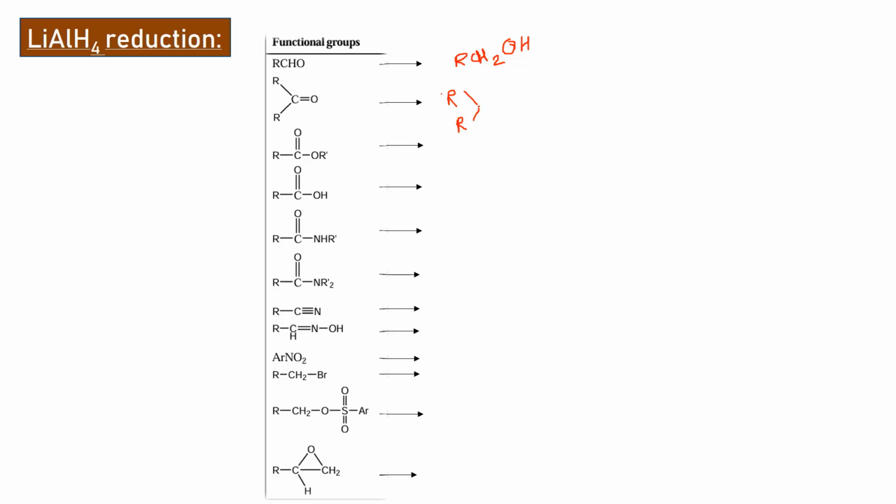So if you add a ketone to LiAlH4, you will get a secondary alcohol. If you add an ester, you will again get a primary alcohol. Acid also gives a primary alcohol. Amide will give a primary amine.